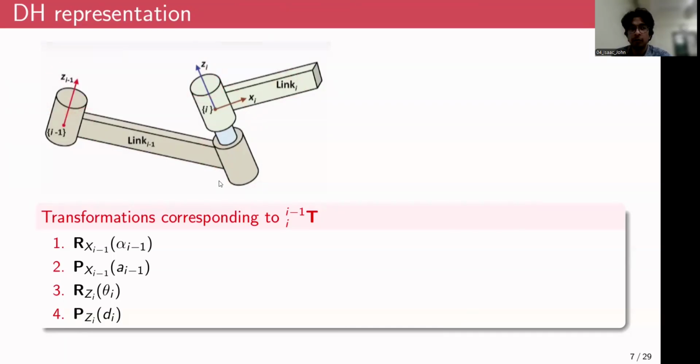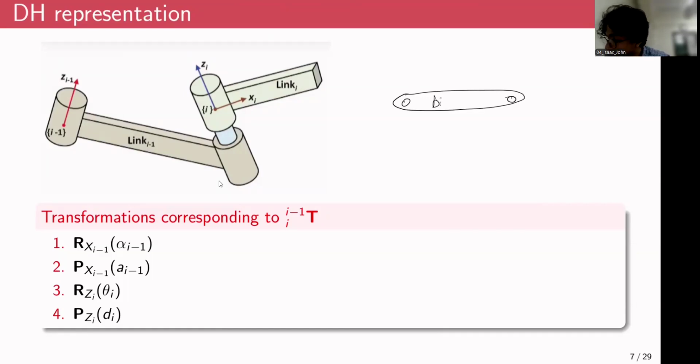So the DH representation basically considers that all the links of a robotic manipulator are binary links, right? So if you have a link like so, maybe if you consider a link that can only connect to two other links, such links are called binary links, right?